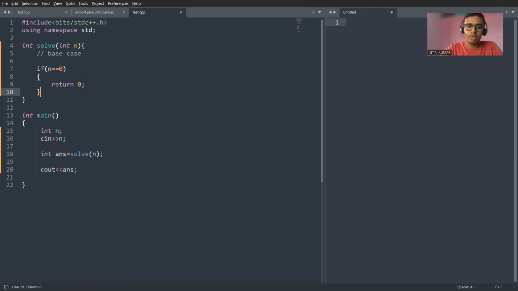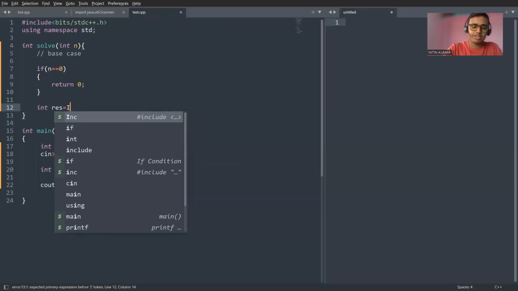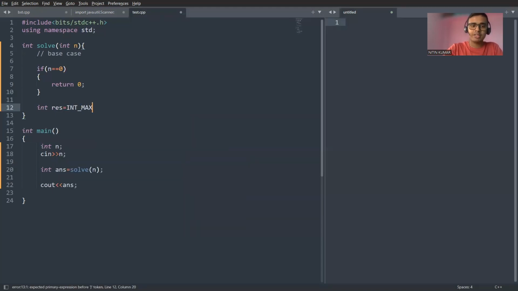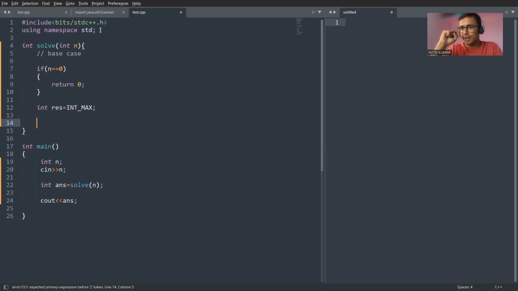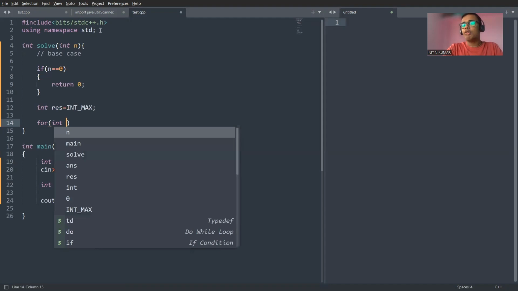Let me take an answer as int max, or let me name it otherwise, int max. It will be assigned to int max. Now I have to write the for loop, for all the possible numbers which can be subtracted from my current value of n.